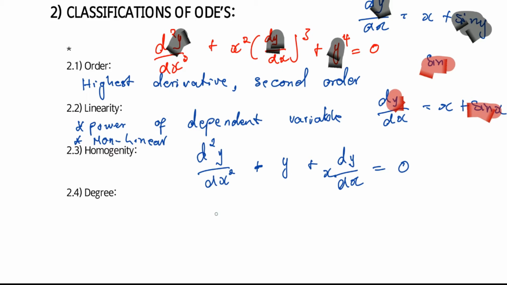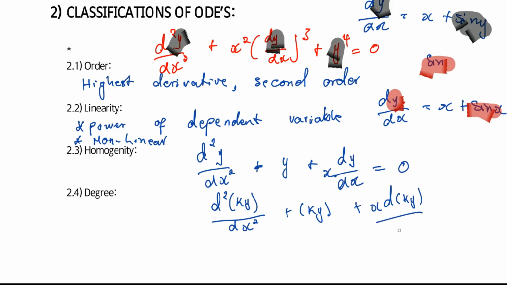So let's come to this one first. It's going to be d squared, and where we had y we can put ky, and then we divide by dx squared, plus here we have y, and now we put ky, plus x d, here we had y, and we say this is ky, and then we divide by dx, equal to 0. And we solve this equation again. This is not going to change anything.